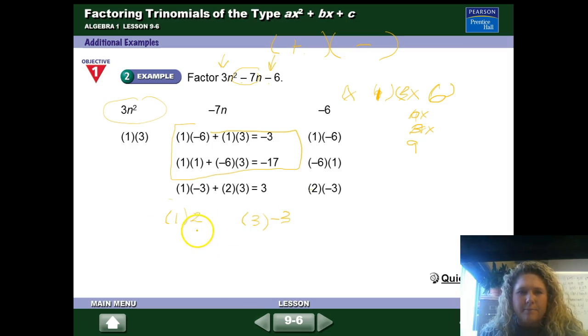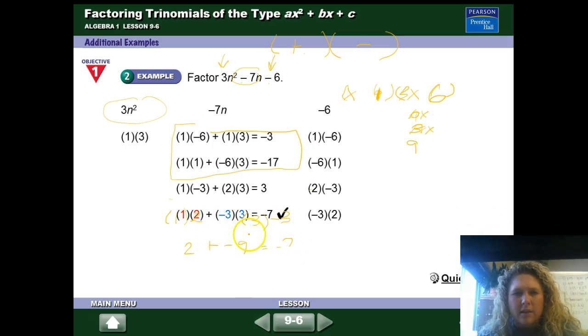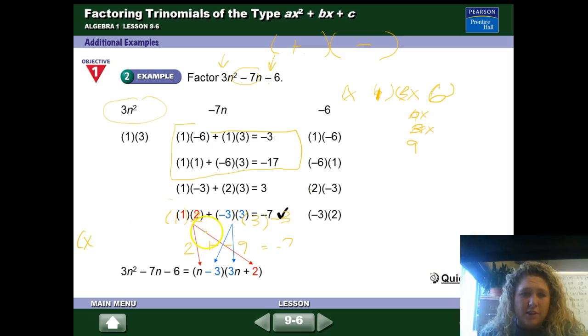So we're going to get 2 plus negative 9, which is going to give me my negative 7. And, oops, didn't have quite enough room. So we know this happens to be the one that works. So, like I said, we're going to get an x, and actually they do a really nice job here.